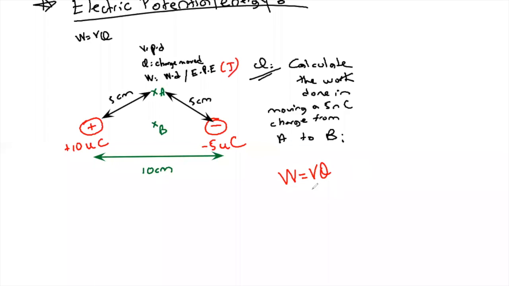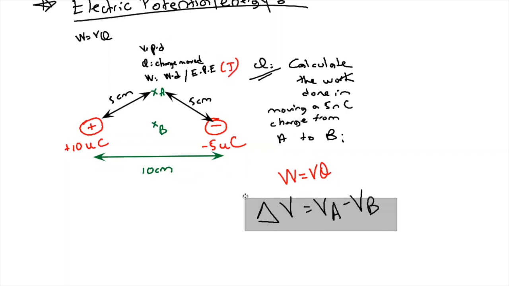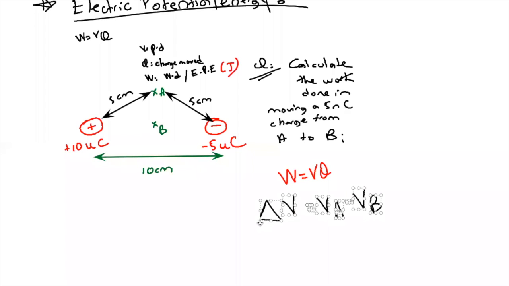If I want to know the potential difference in moving from A to B, this V, or change in V, would be VA minus VB. So the first approach should have been to find the potential difference, because potential is just potential at one point, and we want to find the potential difference.